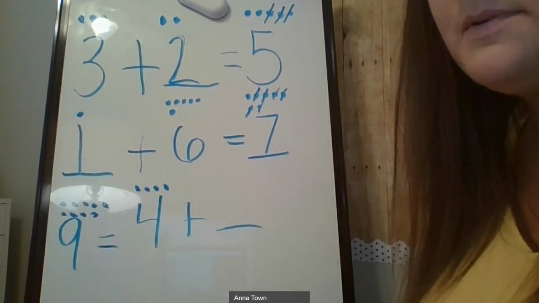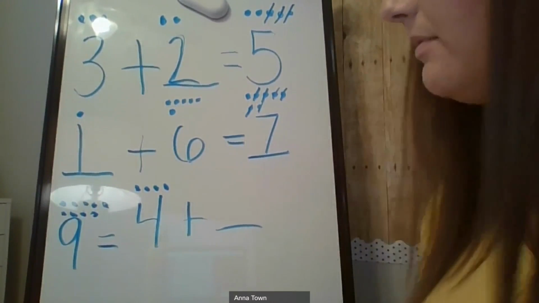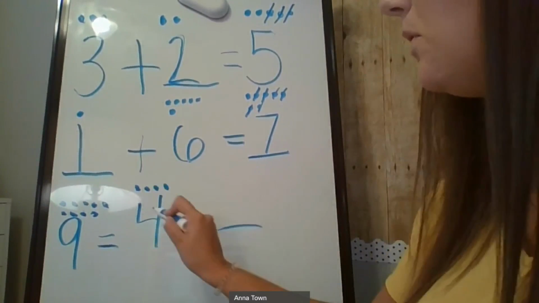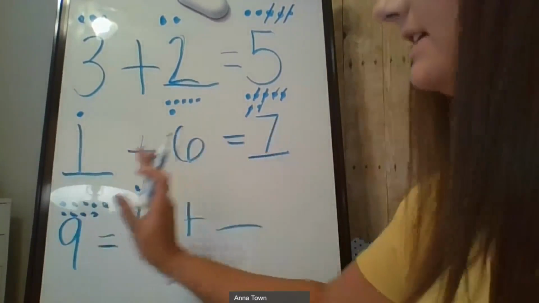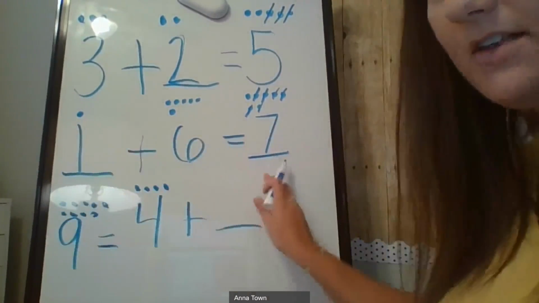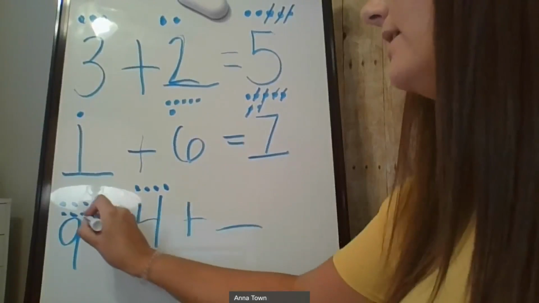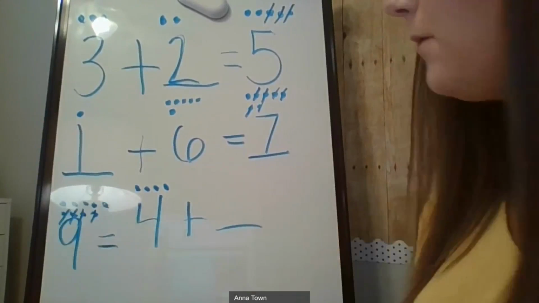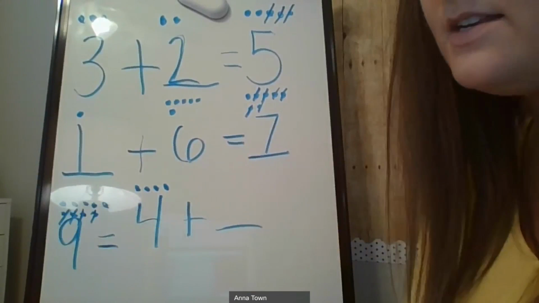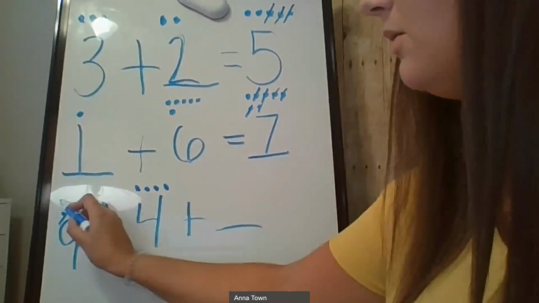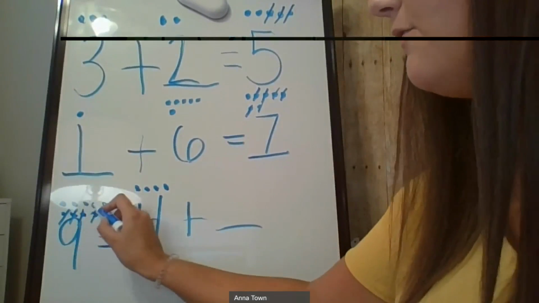How we do this, remember, boys and girls, how we solve this type of problem is we were given 4 out of our 9 counters. So we're going to take 4 away to see how many are left, and that will be the number that goes here. So 1, 2, 3, 4. Let's count how many counters are still there. 1, 2, 3, 4, 5.